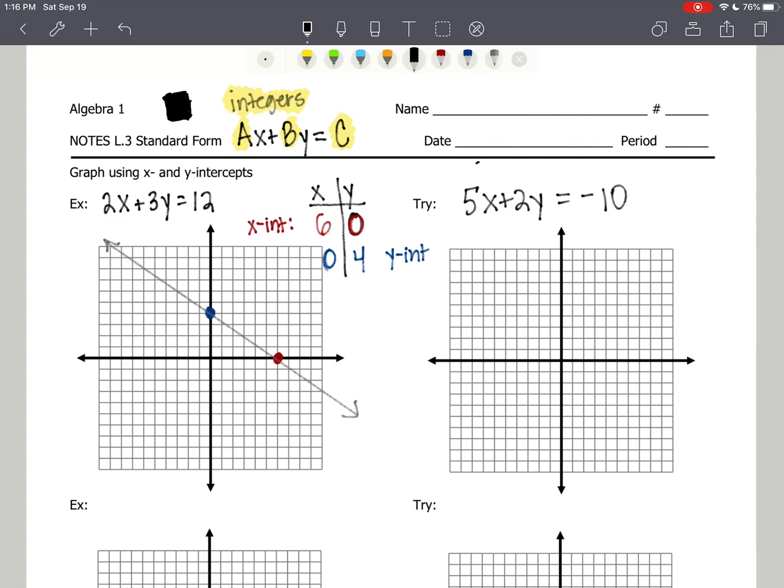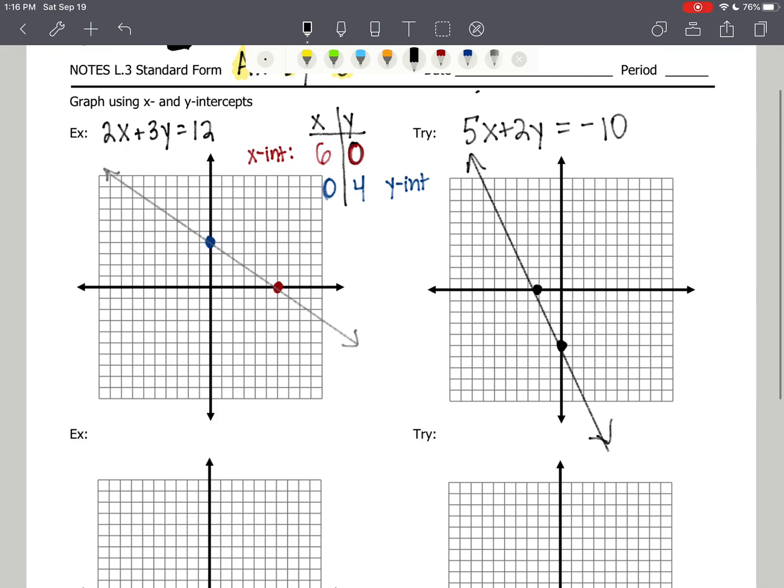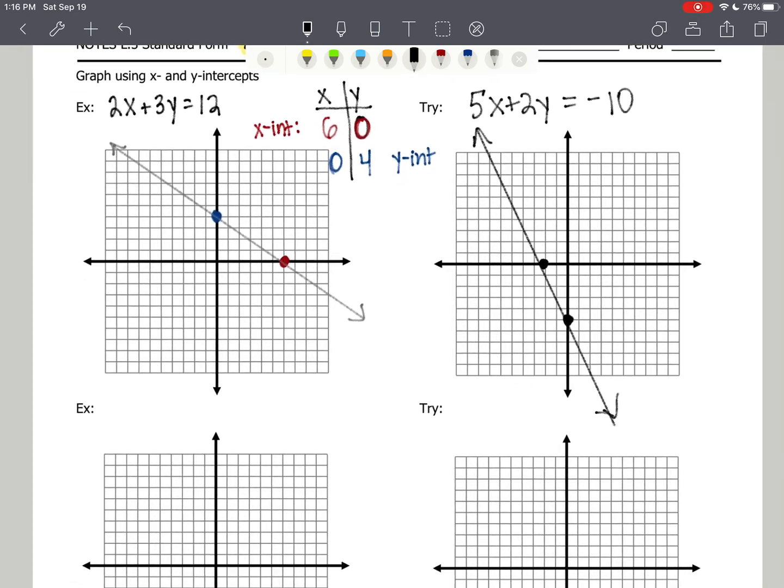Our x-intercept is -2. Our y-intercept is -5. We draw a line that goes through those 2 points, with arrows at the end. We've entered and exited our grid, and there's our graph of 5x plus 2y equals -10.